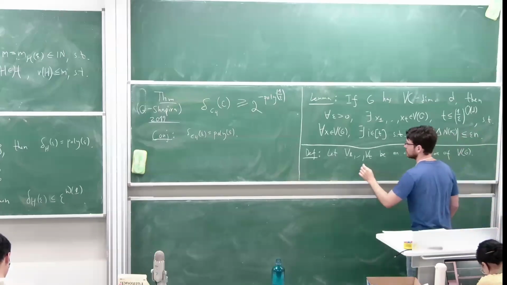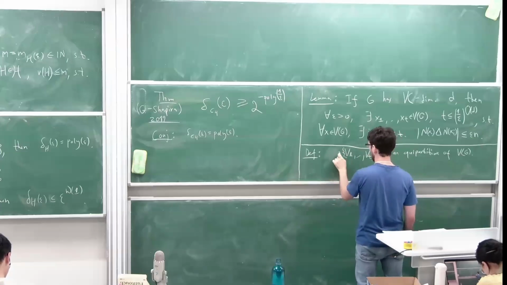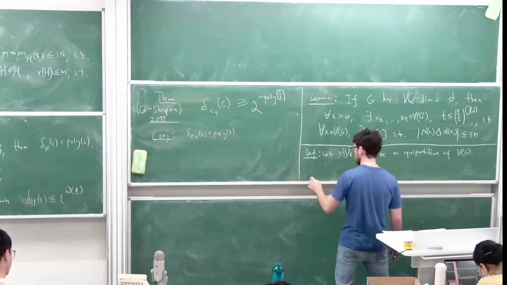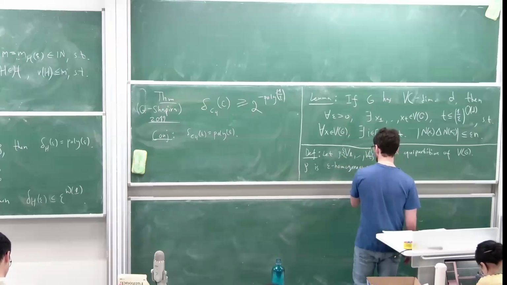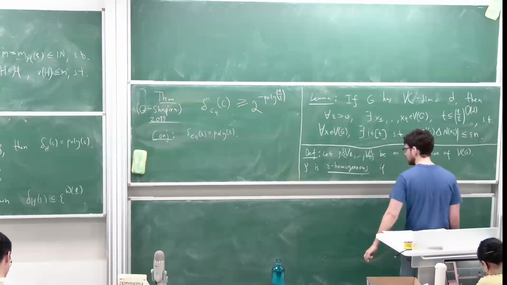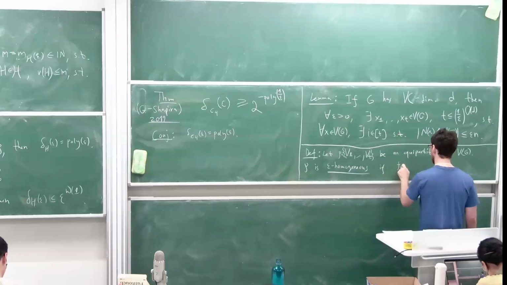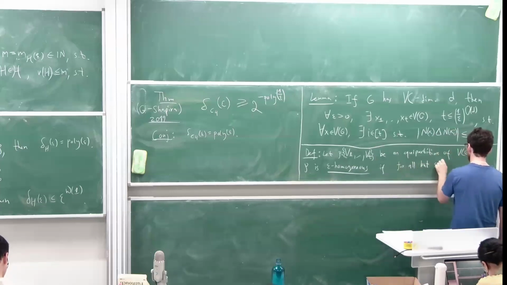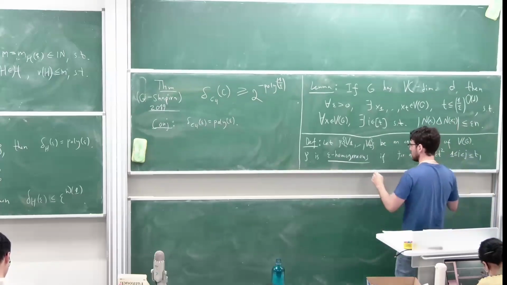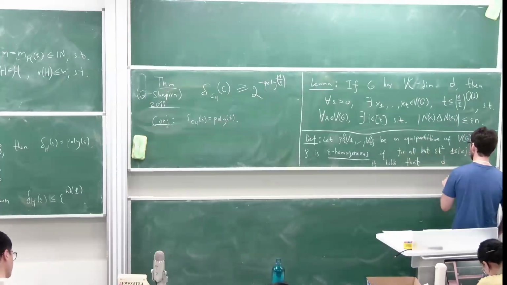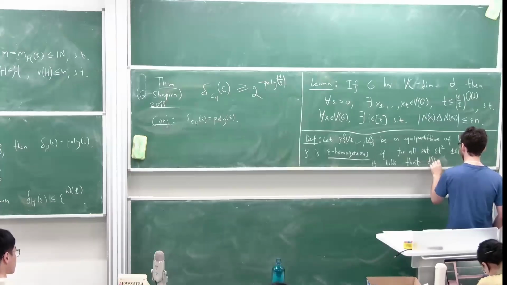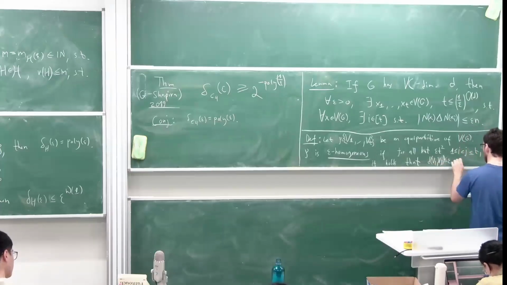We call it P. So P is called epsilon homogeneous if for all but epsilon t squared of the pairs i and j, it holds that the density of ViVj is at most epsilon or is at least 1 minus epsilon.